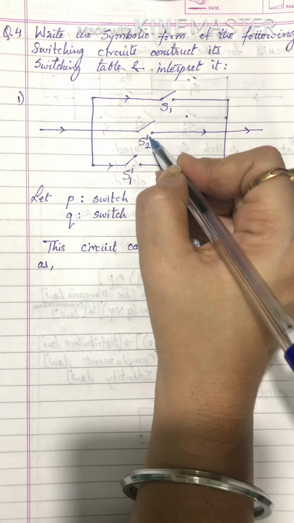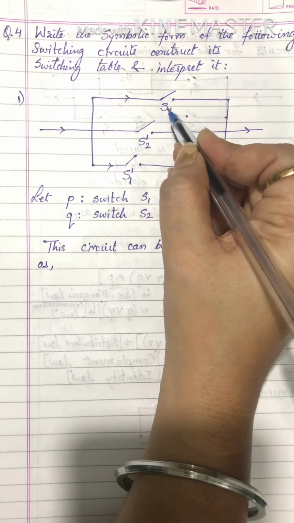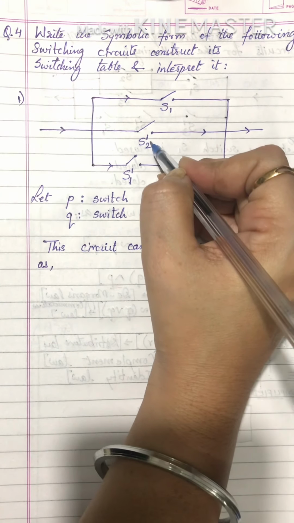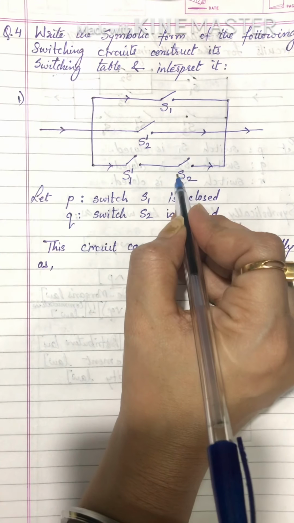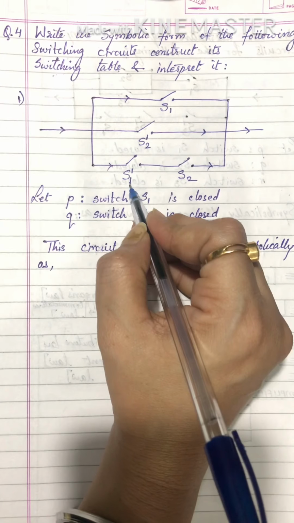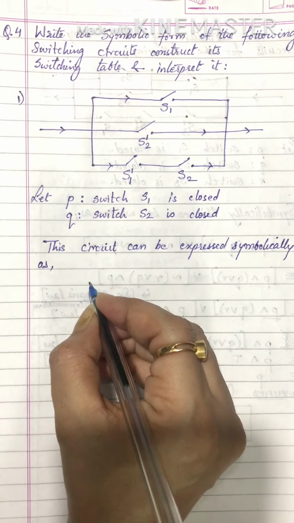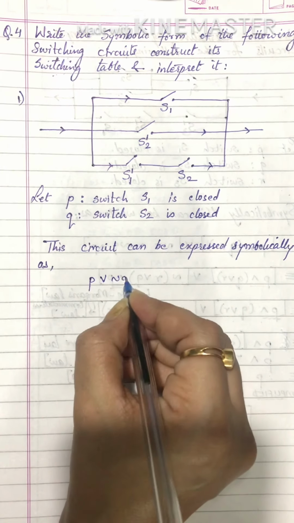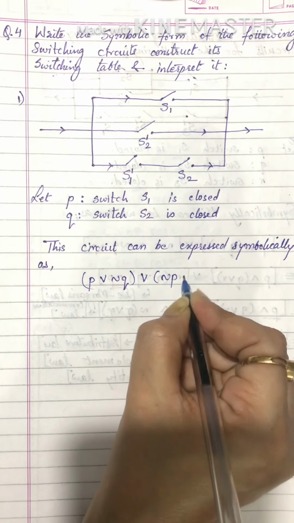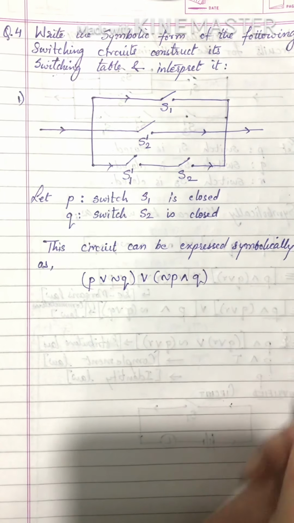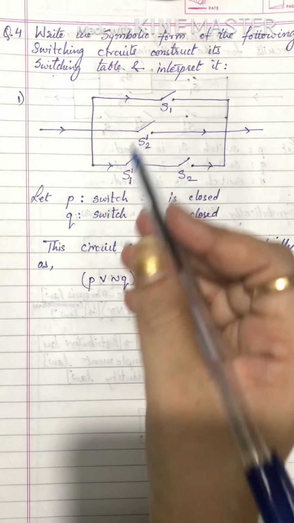P, this is in parallel, S2 dash, that is negation Q. So P or negation Q, or now these two are in series, so we'll have to consider this in bracket, negation P and Q. Okay, so I write this P or negation Q or negation P and Q. Fine. This is the symbolic representation of our switching circuit given.